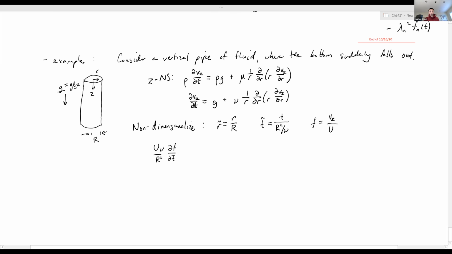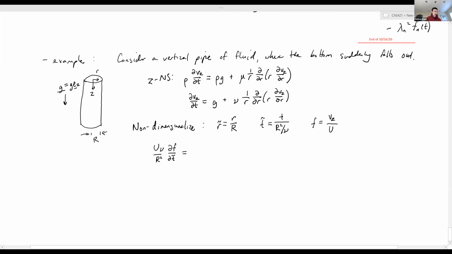Basically, we do dv_z/dt is equal to something like, df/dt times dv_z/df, and then calculate dv_z/df, and you'll find that you get a term of U at the beginning. The simpler way of doing this is to basically take this term and then realize that it has units of velocity over time. And so on the top, we need 1 unit of velocity. That comes from our U right here. And then we need 1 unit of time on the bottom, which is R squared over nu on the bottom here. And then, of course, multiplied by our non-dimensional quantity.